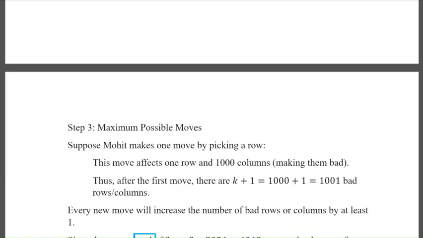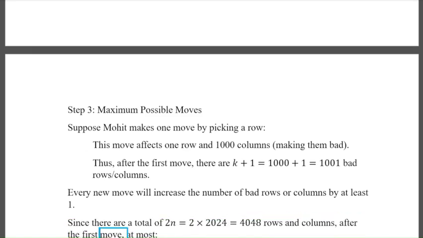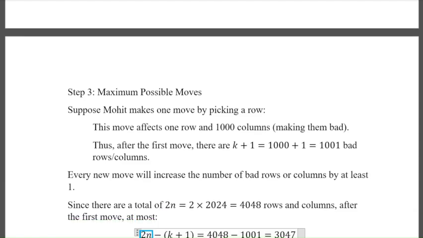Since there are a total of 2n = 2 times 2024 = 4048 rows and columns, after the first move, at most 2n - (1000 + 1) = 4048 - 1001 = 3047 moves can still be made.